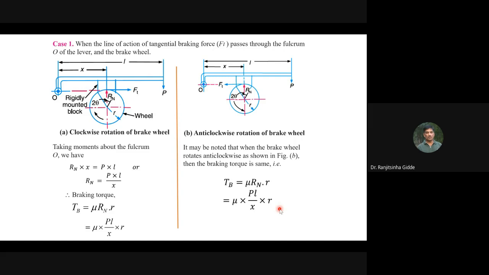Whatever is applied as the braking force, based on that there is a requirement of the braking torque.